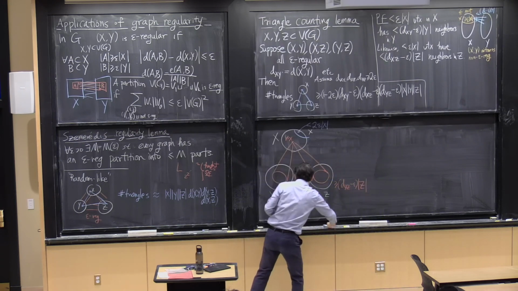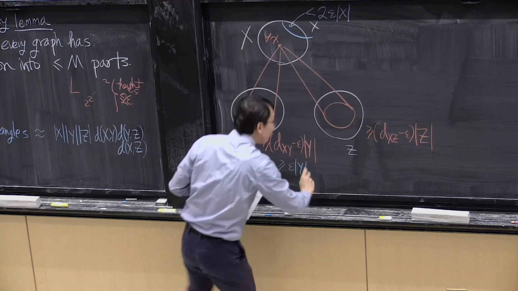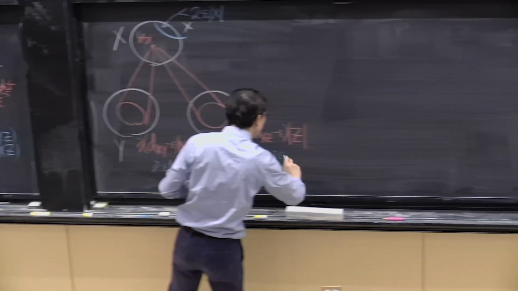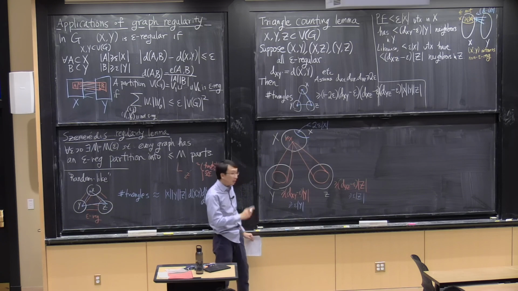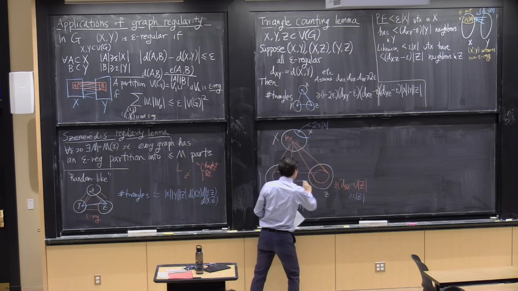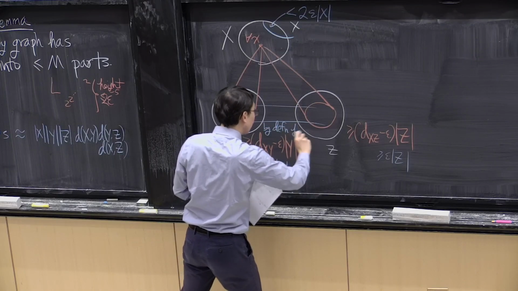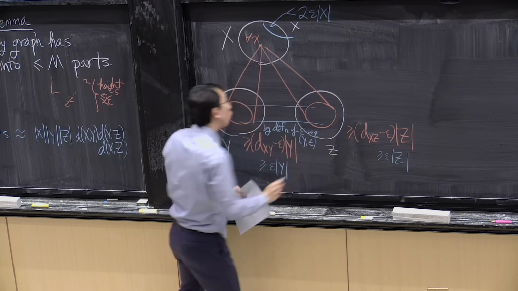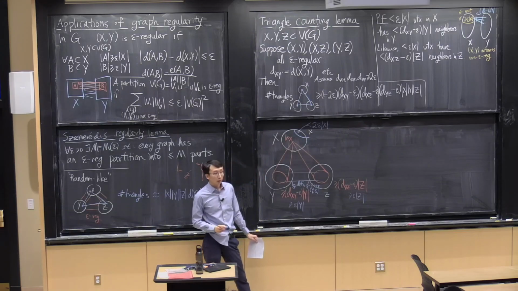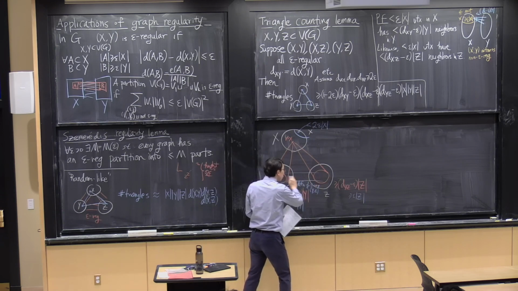So now these guys are at least epsilon fractions of y and z. So I can apply the definition of epsilon regularity to the pair yz to deduce that there are lots of edges between these two sets.